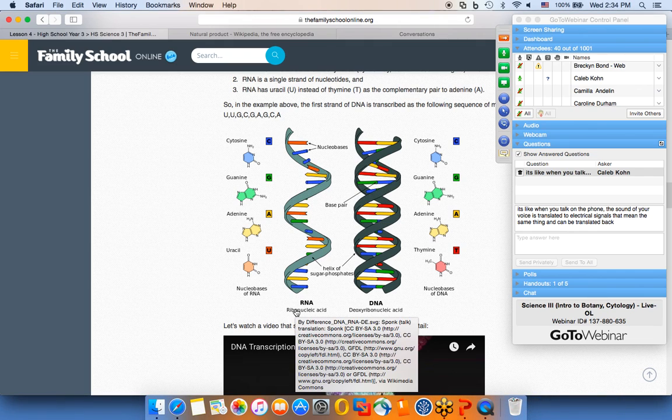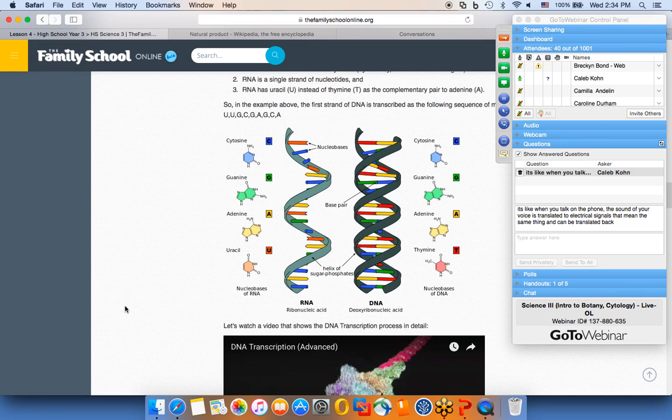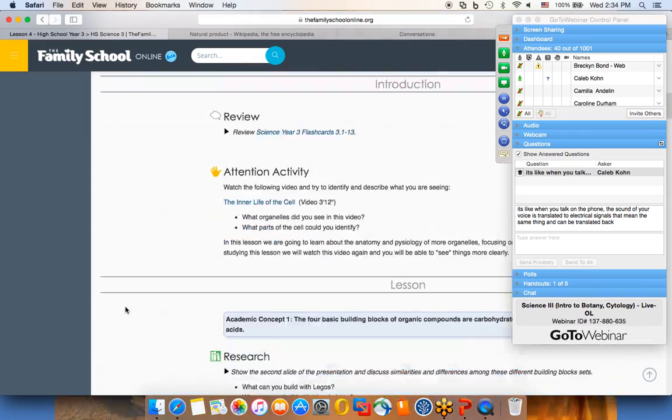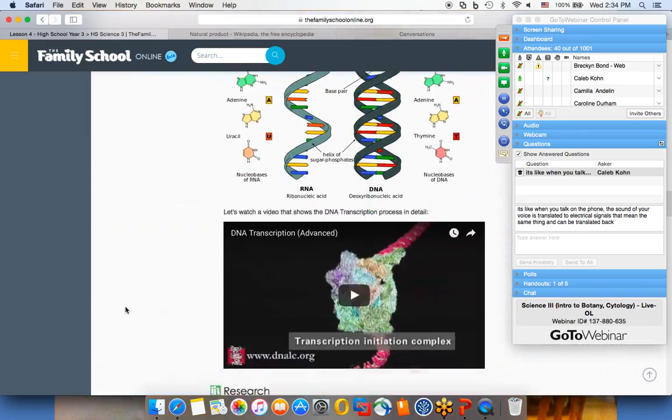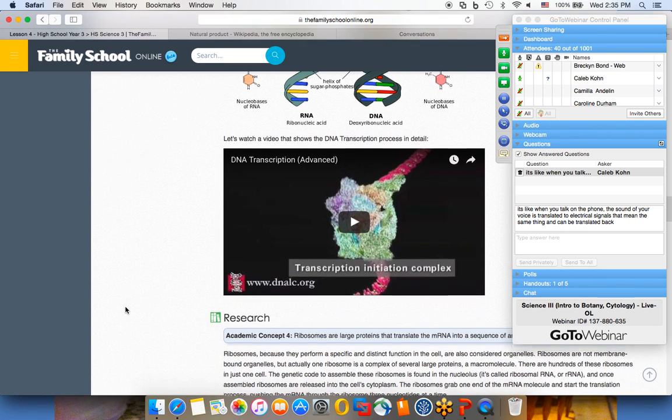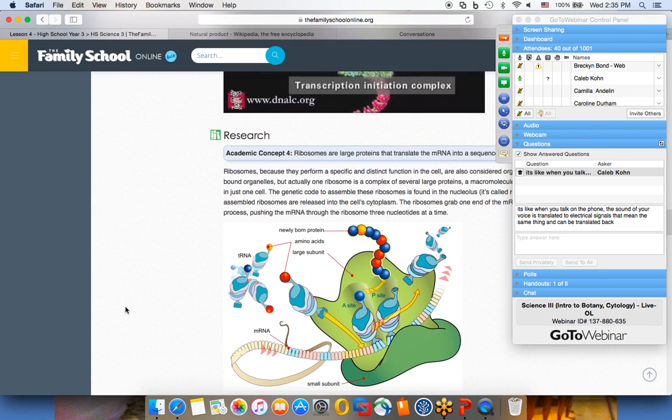DNA and RNA are both still in the language of nucleic bases, of nucleotides. So we haven't changed the basic building block. Remember when we were talking about the building blocks between DNA and RNA, we haven't changed that yet, okay?